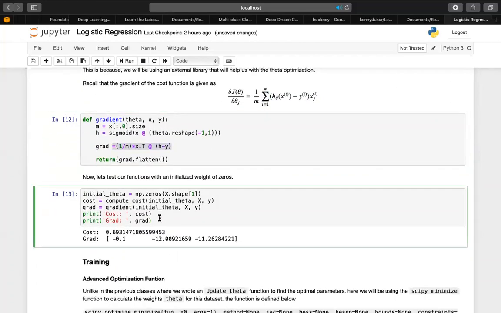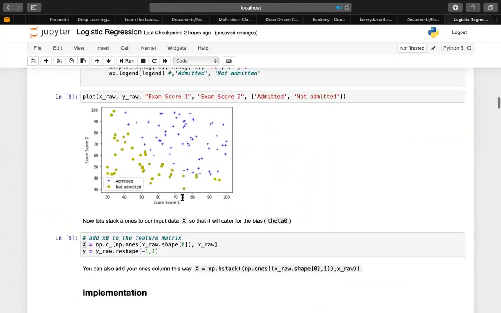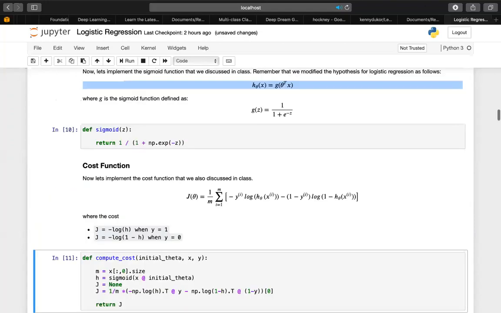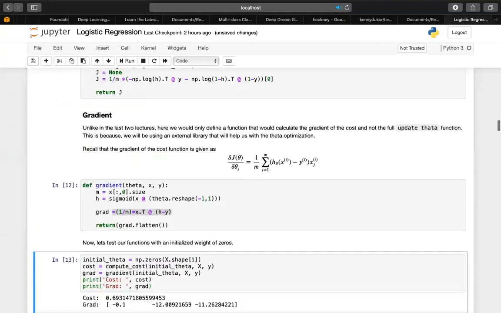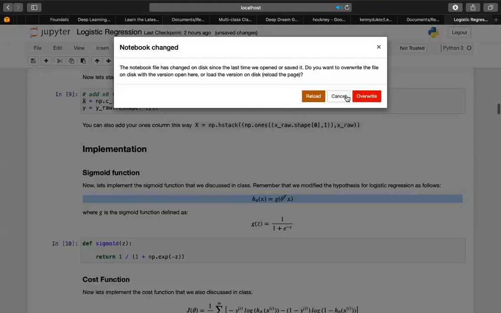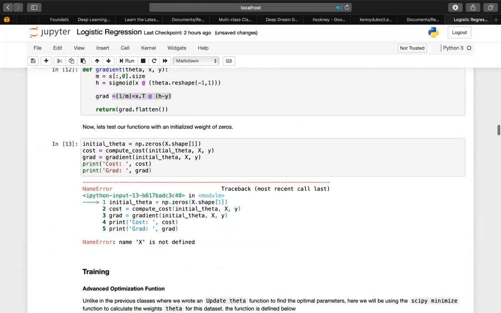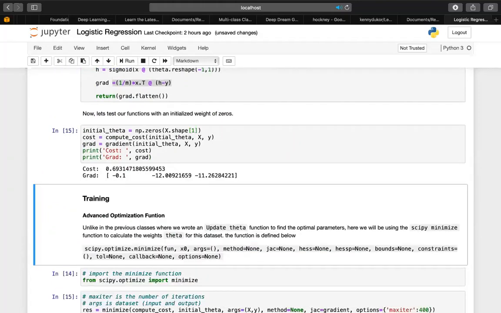And then this is more or less like a test to just see whether what we have been saying from the beginning works. So let me run this, right? This is just a test function. So x is not defined. It means that I didn't run this. Okay. And then it gives us the cost and the gradient.